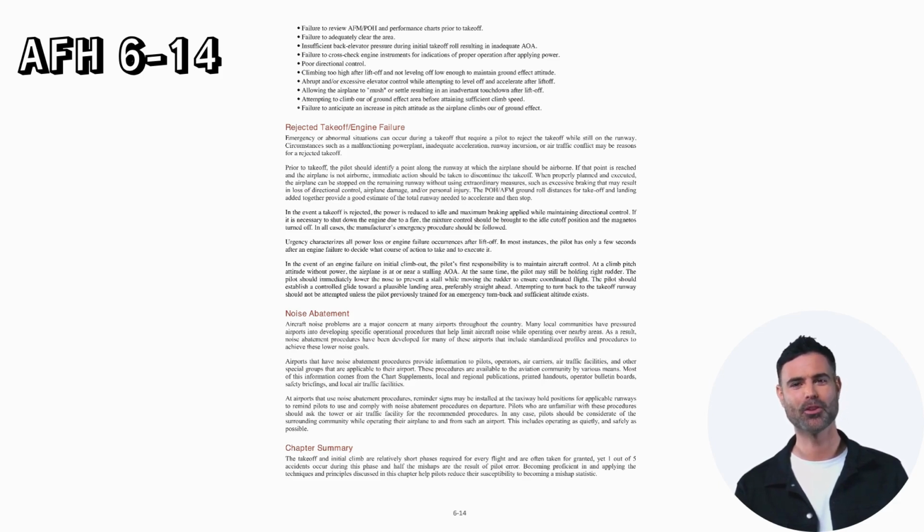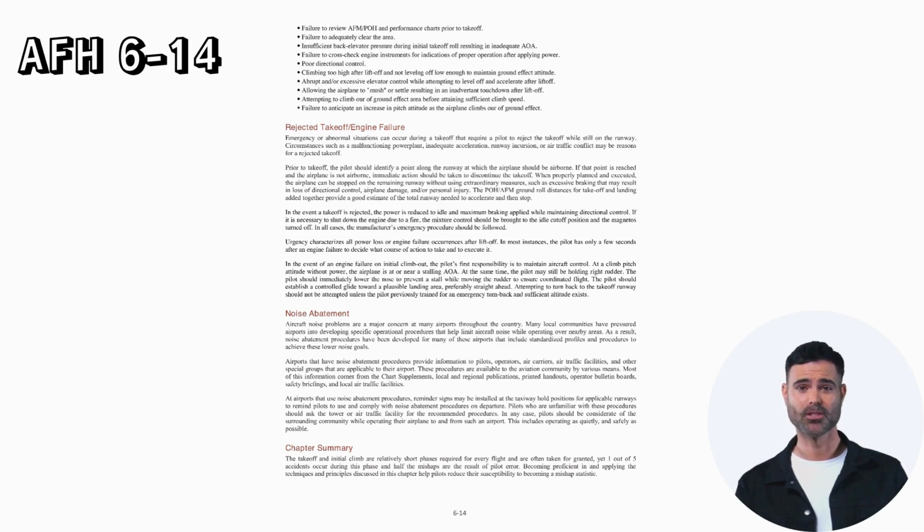Rejected takeoff, engine failure. Emergency or abnormal situations can occur during a takeoff that require a pilot to reject the takeoff while still on the runway. Circumstances such as a malfunctioning power plant, inadequate acceleration, runway incursion, or air traffic conflict may be reasons for a rejected takeoff. Prior to takeoff, the pilot should identify a point along the runway at which the airplane should be airborne.